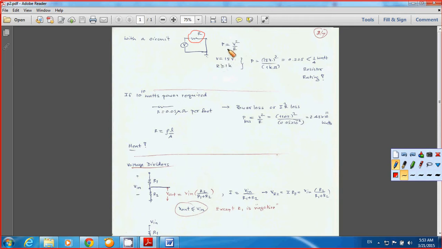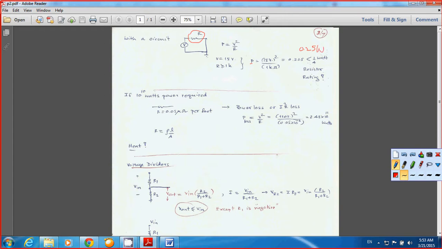For example, if I put V equal to 15 volts and R is equal to or greater than 1k ohms, you can find the power dissipation to be 0.225 watts. I want to point out this is less than 1/4 watt or 0.25 watt, which is the resistor rating.